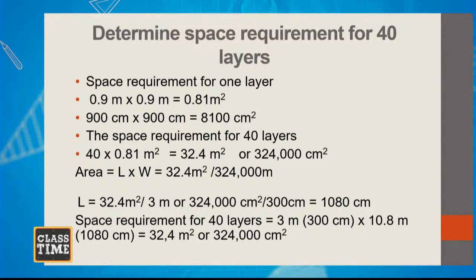Good? So once we know the space requirement for one layer, we can work out the space requirement for 40 layers. And when we work that out, we are getting the 40 layers by the one space requirement of 0.81 meters square. We now end up with 32.4 meters square. We could convert that to centimeters, and we have 324,000 centimeters square.